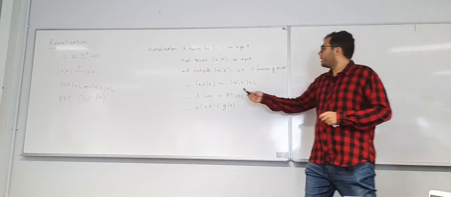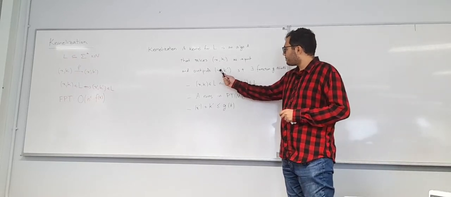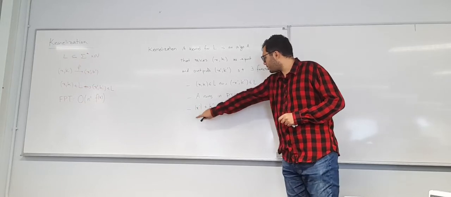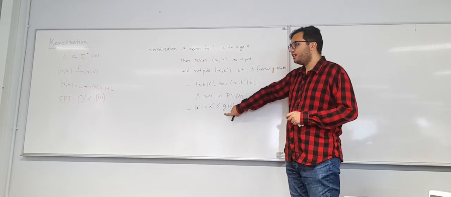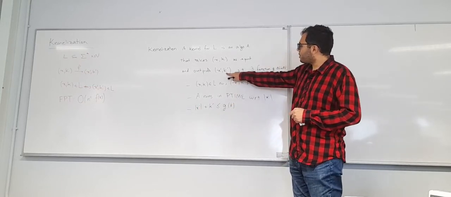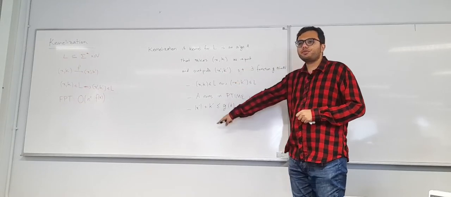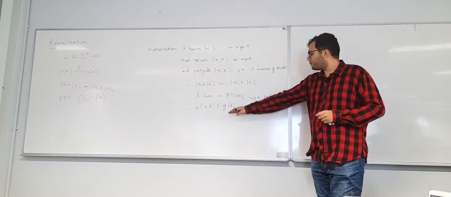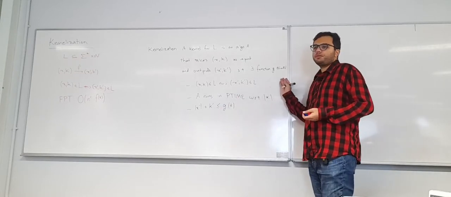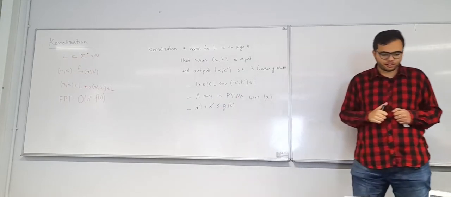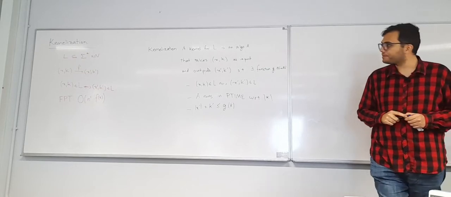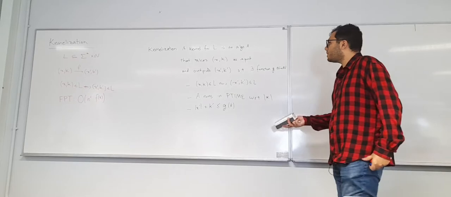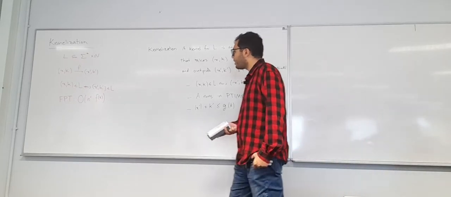So it shouldn't explode, so it should make the input much smaller so that the input size is bounded by a function of k. And it shouldn't also explode the parameter. The parameter should also remain bounded by a function of k. Now, of course, you can have two different functions for it, or you can just use one. It doesn't really change the definition. Okay. So this is what we mean by a kernelization algorithm.